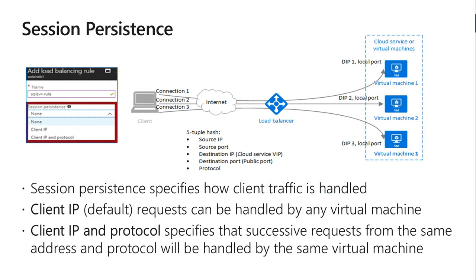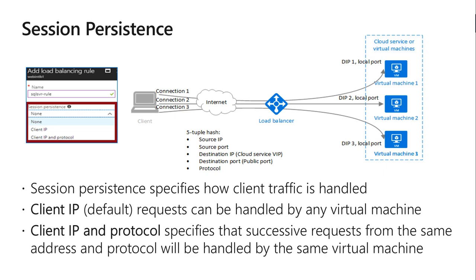So session persistence. By default, the load balancer distributes the network traffic equally among all the VM instances. The load balancer uses the 5 tuple: source IP, source port, destination IP, destination port, and protocol type. Those 5 are hashed to map traffic to available servers. It provides stickiness only within a transport session. Again, the OSI model.